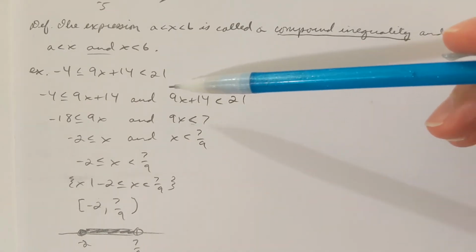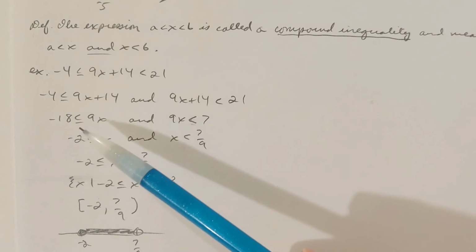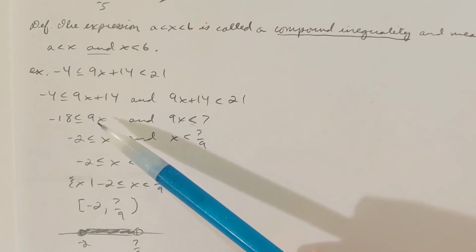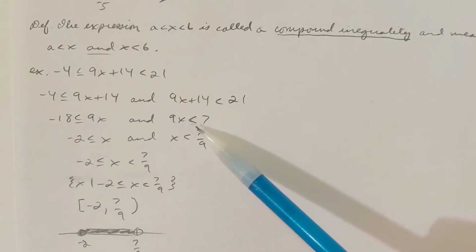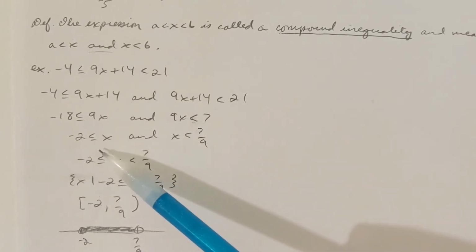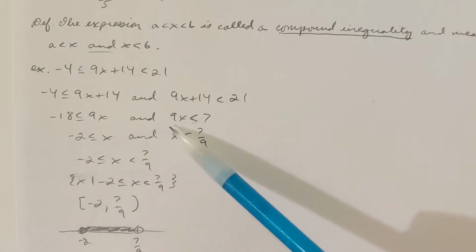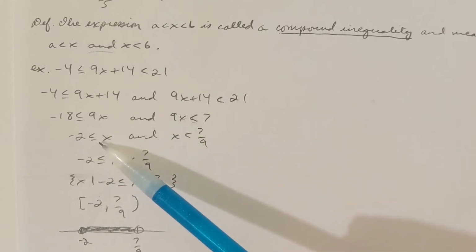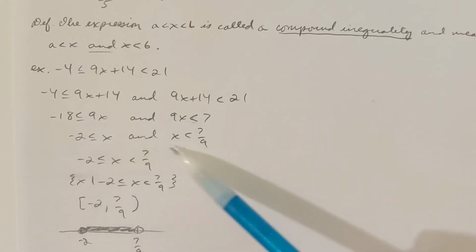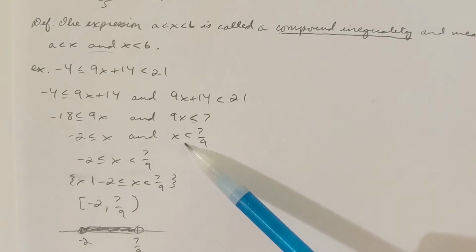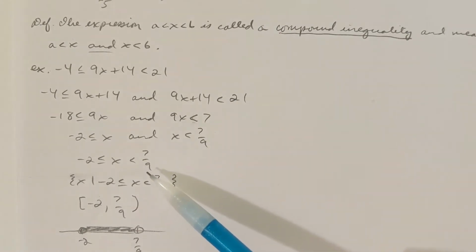Subtract 14 from both sides, so -18 is less than or equal to 9x, and 9x is less than 7. So if I divide by 9 on both sides, x is greater than or equal to -2, and x is less than 7/9.